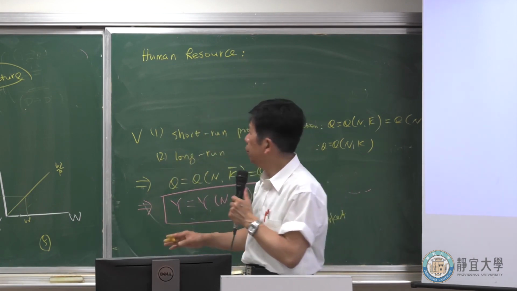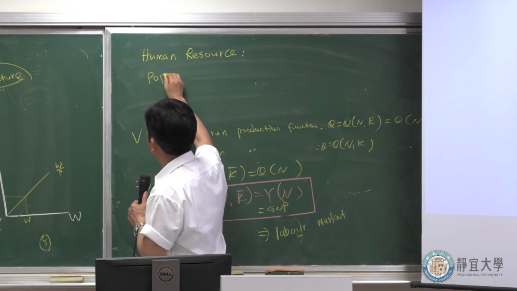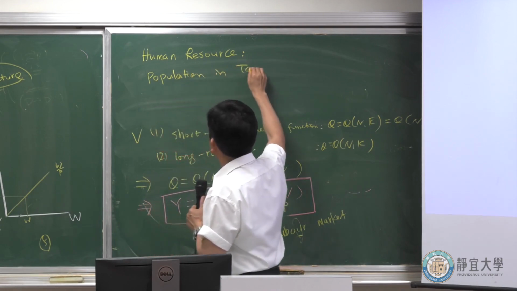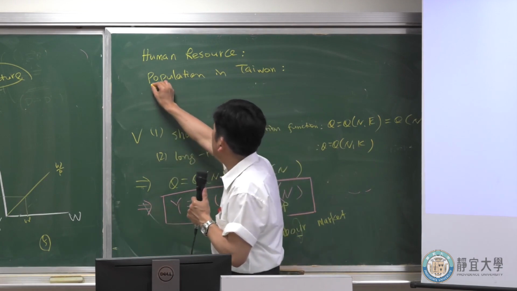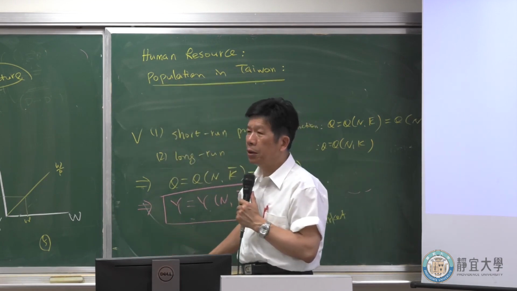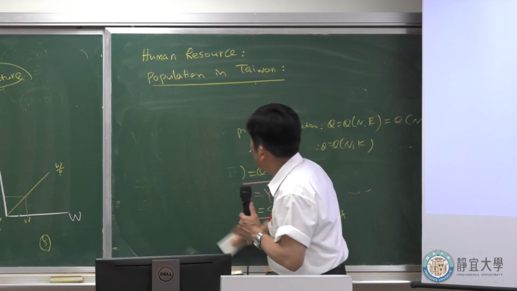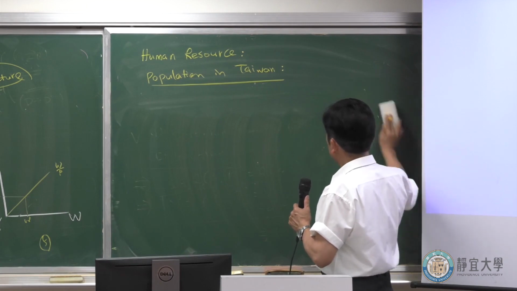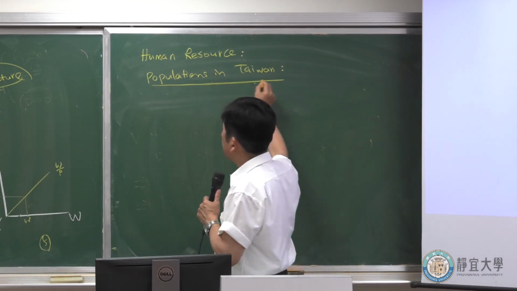For example, the population in Taiwan. You can check the population in Taiwan. How do we compare or find the Taiwan achievement? You need to find the population in Taiwan.